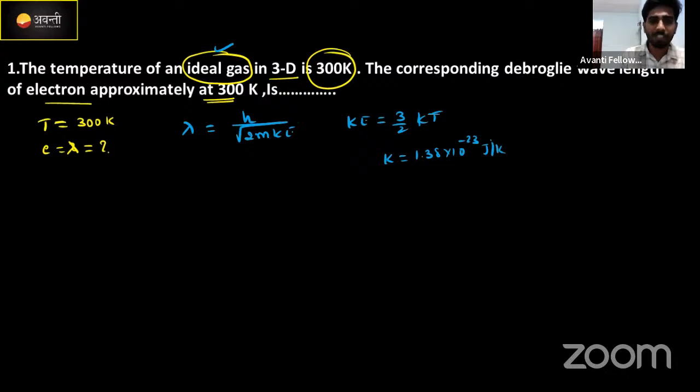Substitute in this equation. H value you know, 6.64 into 10 to the power of minus 34 joule second. Okay, substitute all these values here and find out the value of lambda. I will give you exactly 2 minutes of time. Your time starts now.